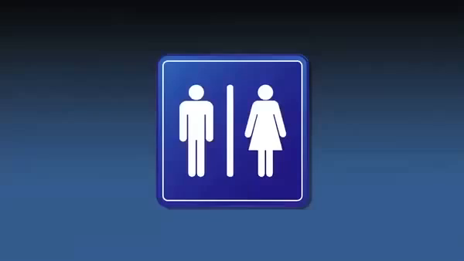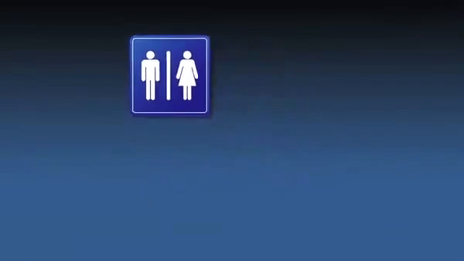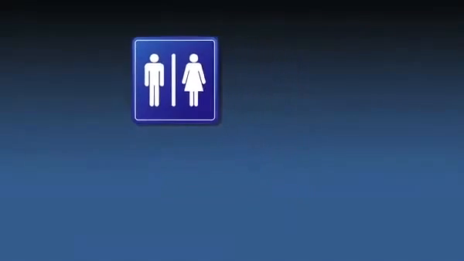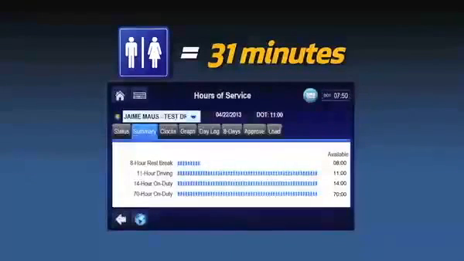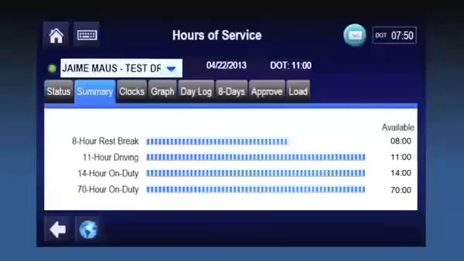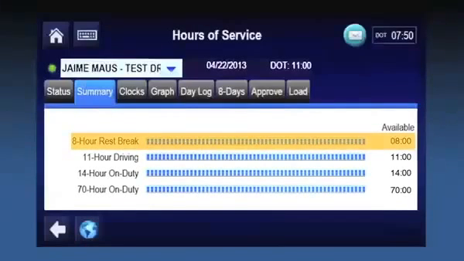For example, if you stop for a restroom break and it only takes you 10 minutes, your 8-hour clock will continue to count down. However, if you stop and it takes you 31 minutes, your 8-hour clock will restart. In this instance, as soon as you start working again, or go on Line 3 or Line 4, you'll have a full 8 hours on the rest break rule.